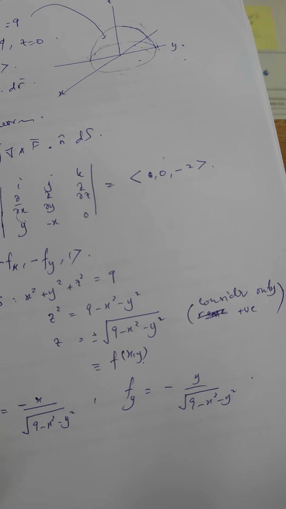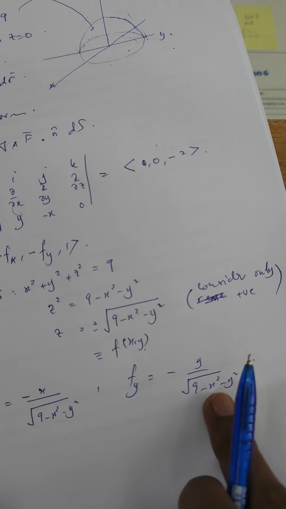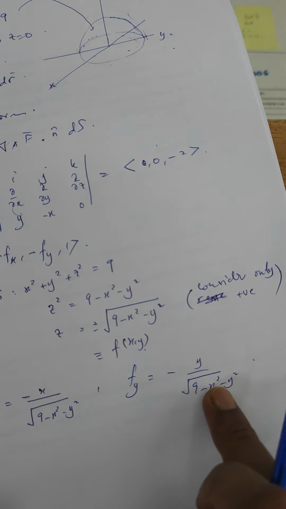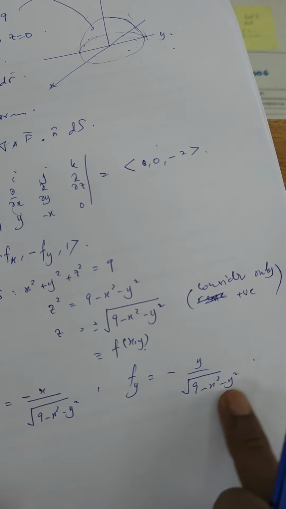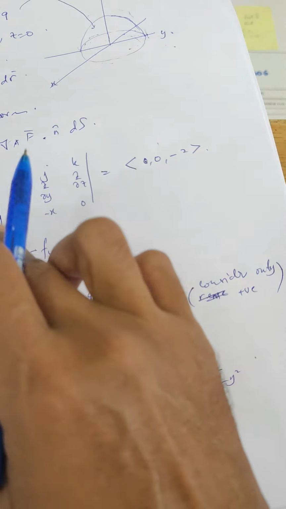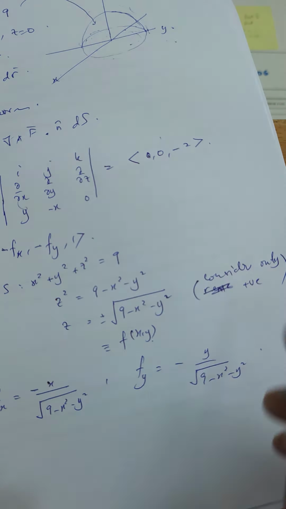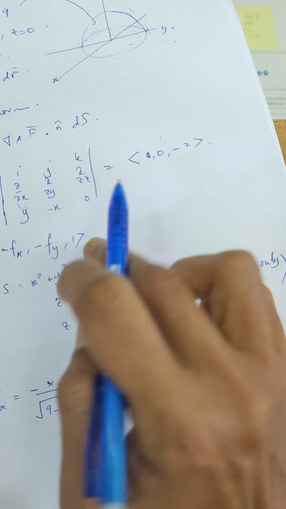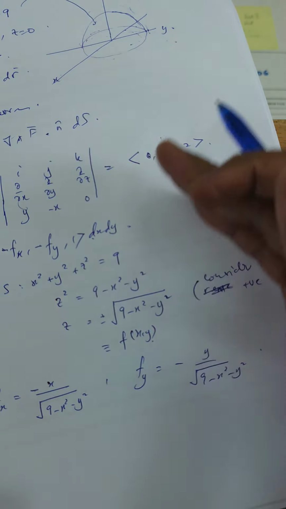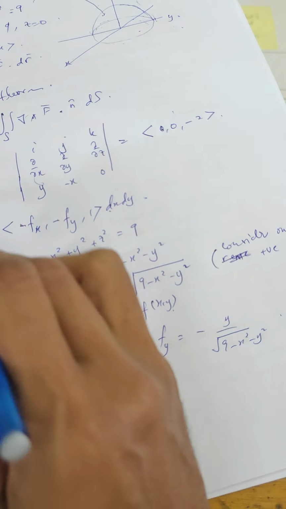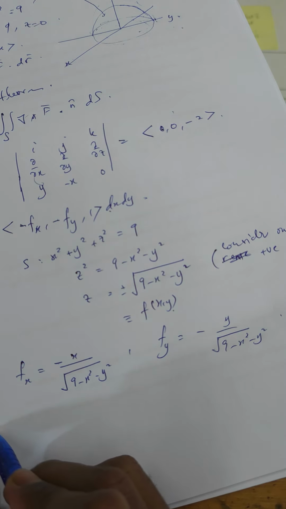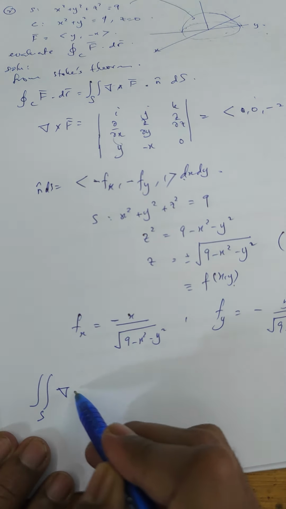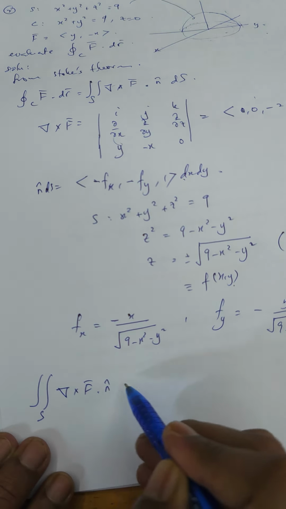Then you can write this as y over z actually, because this is equal to z, right? So then you have this, you have that. Then this is n ds, that gives you dx dy. Then you can just substitute everything in there. We integrate over S the curl f dot n ds.